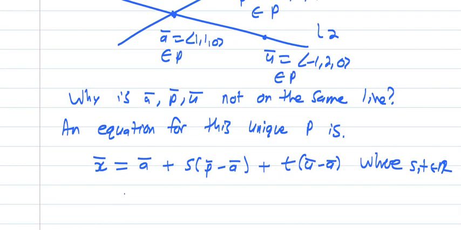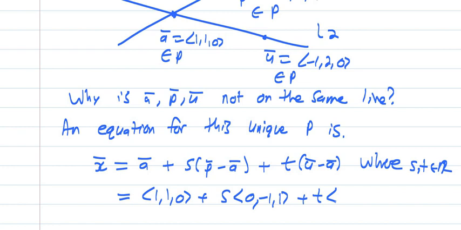And if you fill in the vector A, the vector P, and the vector U, then you're going to end up getting A, which is (1, 1, 0), plus S times P minus A, which works out to be the vector (0, -1, 1), plus T times U minus A.